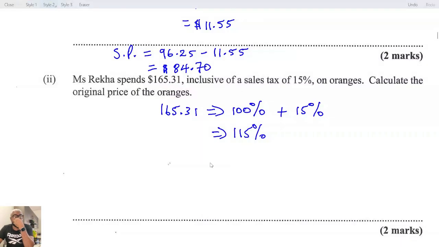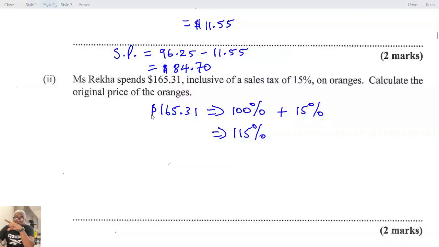Oh, so can you get the same answer by just finding the 88%? Yes, you can. You just have to do 100 minus 12, and that's 88% of the original cost. If you get 0.7, then it's 70. Right. So this is 115%.